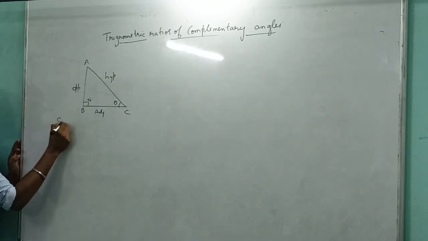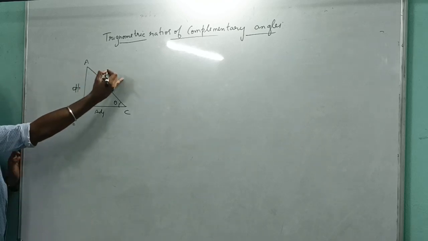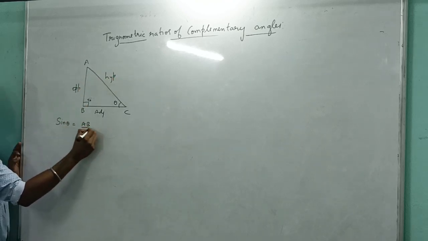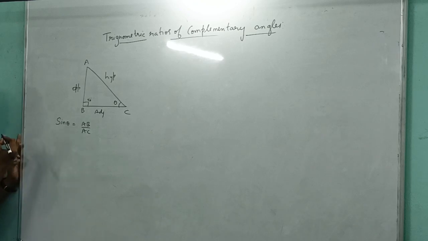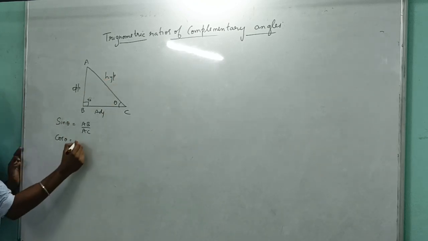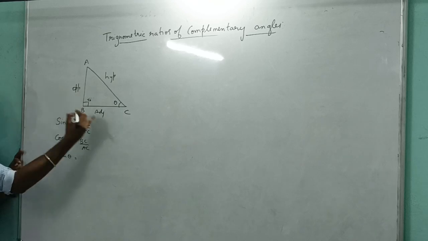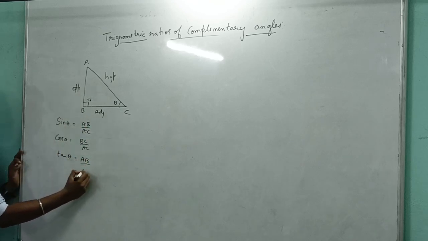Sin theta, what is sin theta? Opposite by hypotenuse, that will be equal to AB by AC. Cos theta will be adjacent by hypotenuse, BC by AC. Tan theta will be opposite by adjacent, AB by BC.